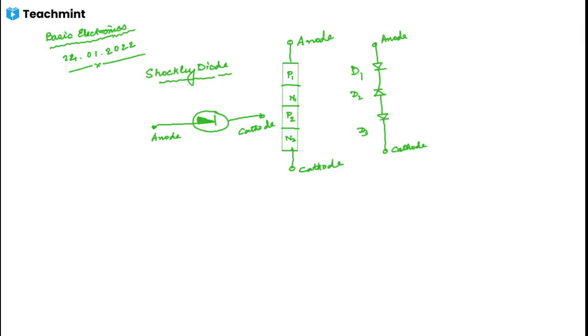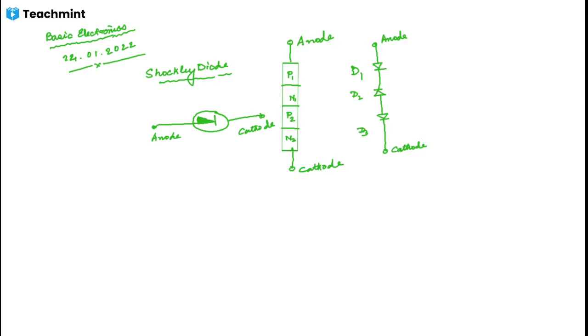When the Shockley diode is in forward bias, that is anode is positive with respect to cathode, diodes D1 and D3 will be forward biased, while D2 will be in reverse bias.